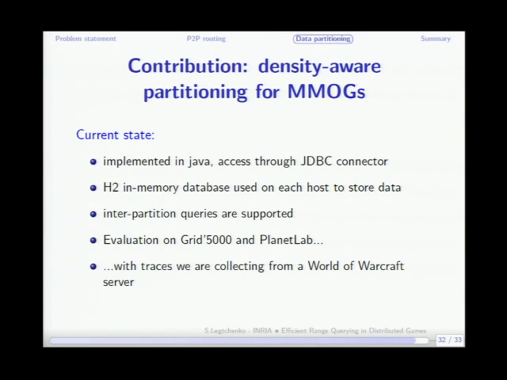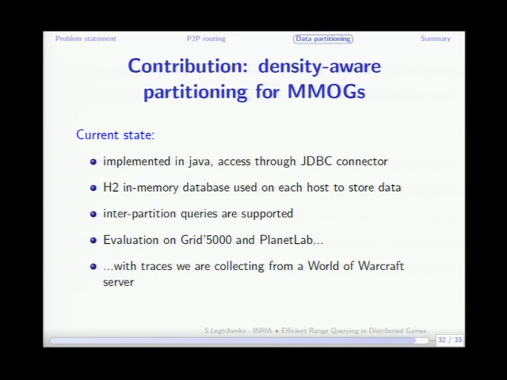We are now evaluating our system on Grid 5000, which is the French academic dedicated cluster. And we also want to use PlanetLab to simulate high client activity.